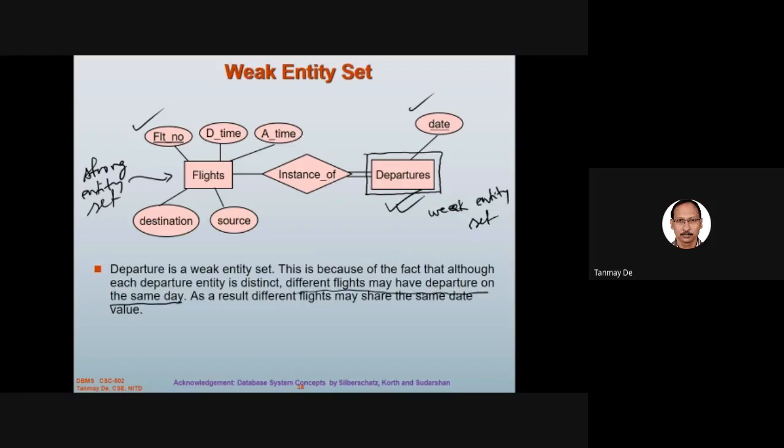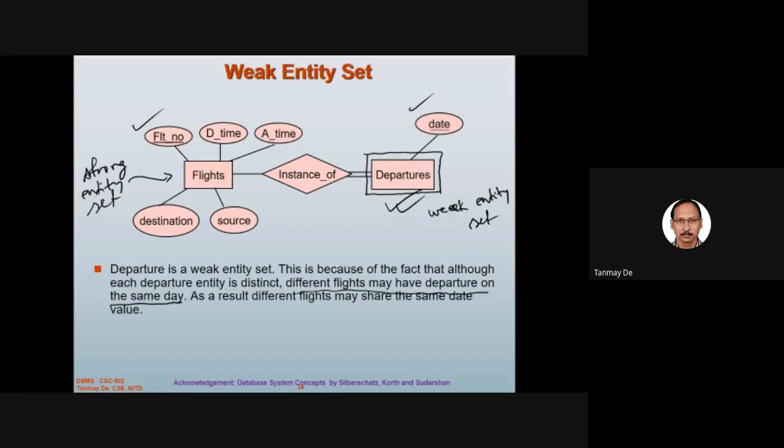That is the same date, say today 25th August, more than one flight can fly, and all of them can share today's date in the departure entity. So the date is not the primary key of the departure entity.